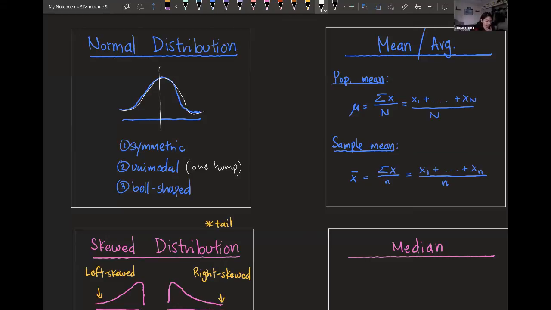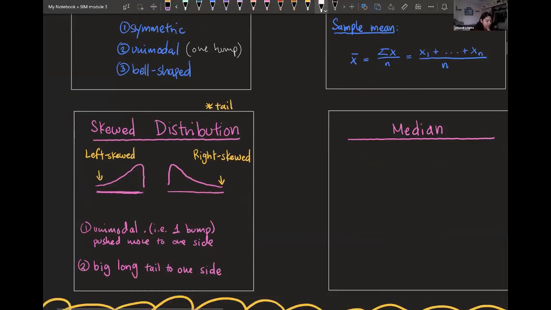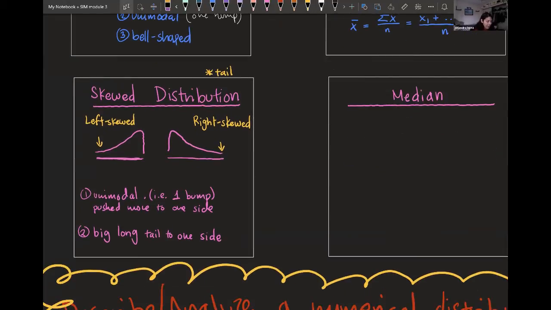Another famous shape is the skew distribution. That's when you have a tail on one side and a bump on the other, so it's either the left or the right. We always refer to these depending on the tail. On the left side here, this is the tail, and it's on the left side, so this is called a left skew distribution.